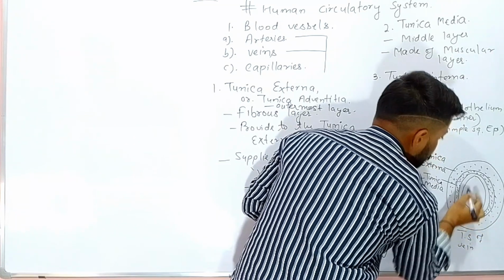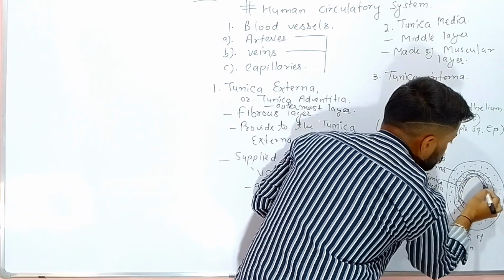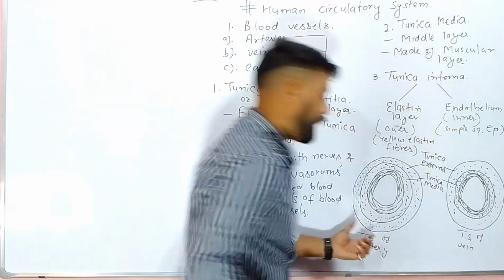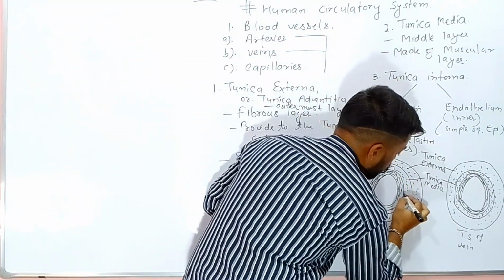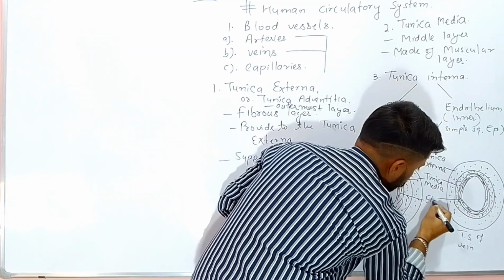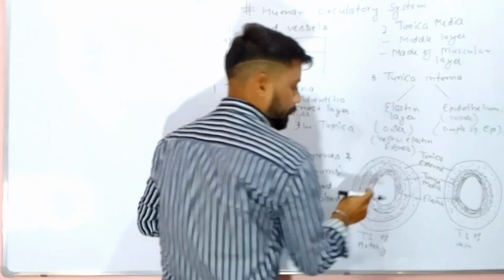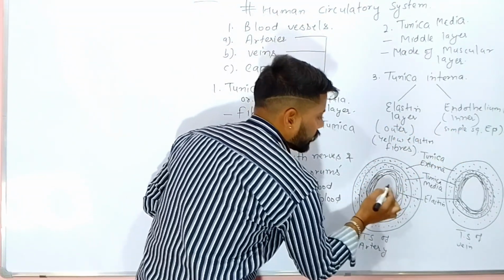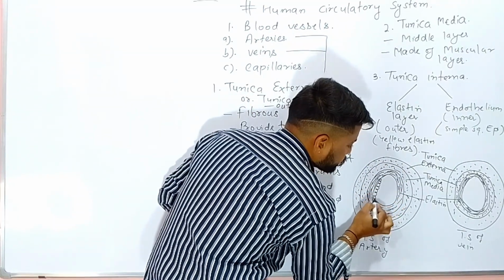You can also see that the elastin layer is thicker in the artery and thinner in the vein. So this one layer is the elastin layer, which is made up of the yellow elastin fibers, and inner to it, the innermost sublayer of the tunica interna, is the endothelium.